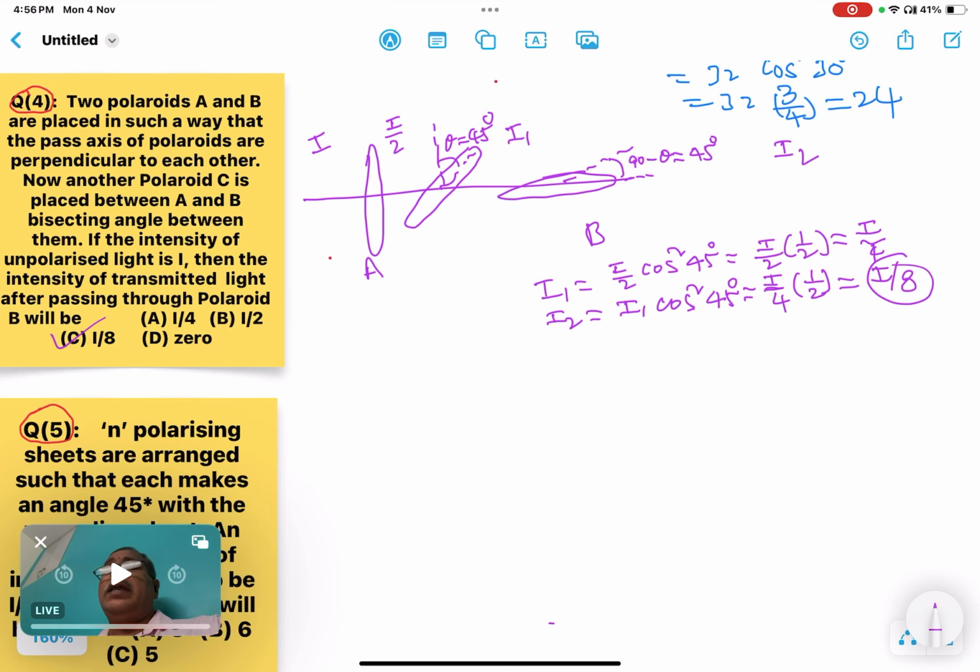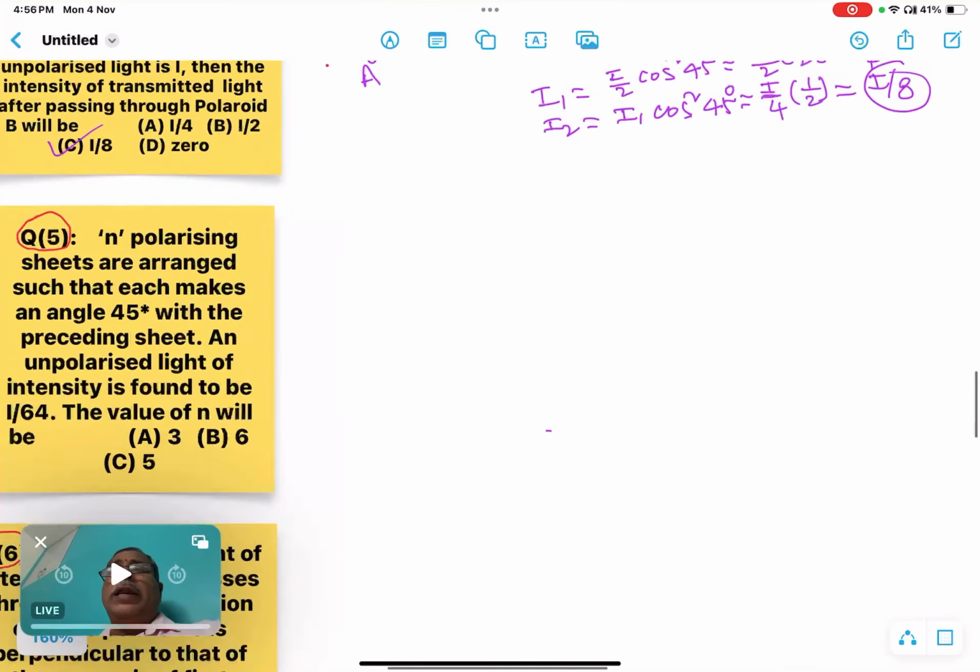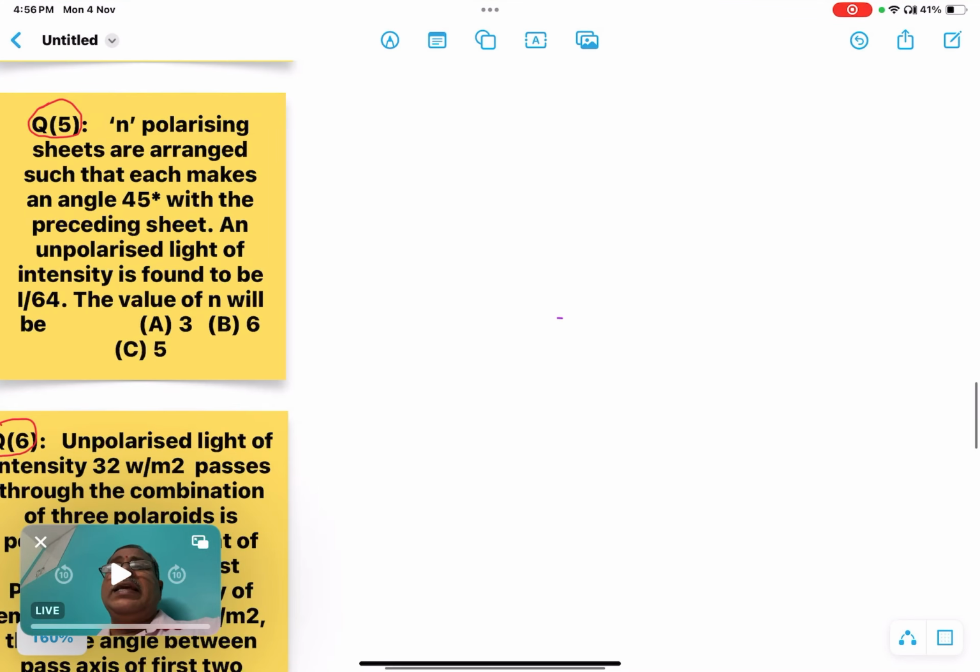Okay, so let us go to the fifth problem immediately. N polarizing sheets are arranged such that each makes an angle 45 degrees with the preceding sheet. An unpolarized light of intensity I is found to be I by 64.